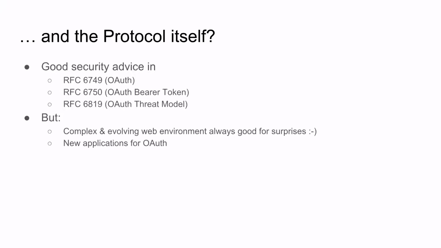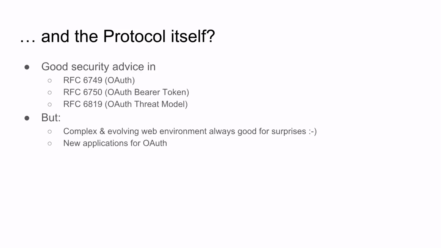Well, there's a lot of security advice in the two RFCs I already named, and the third one, the OAuth threat model, RFC 6819. But still, OAuth faces a lot of challenges.